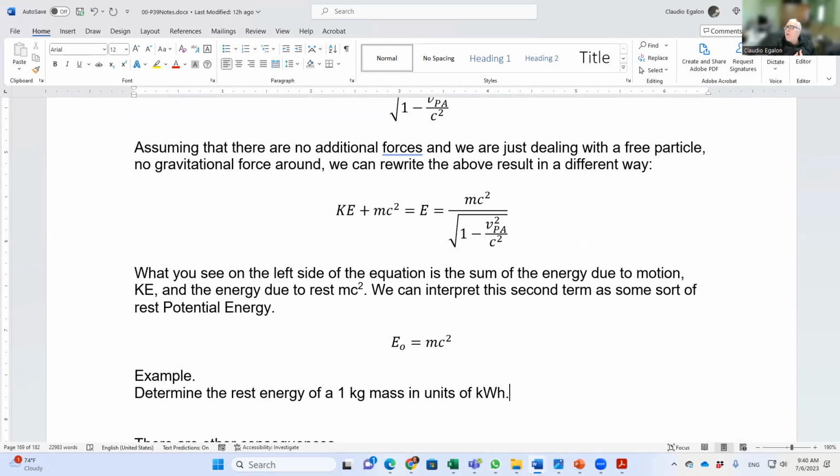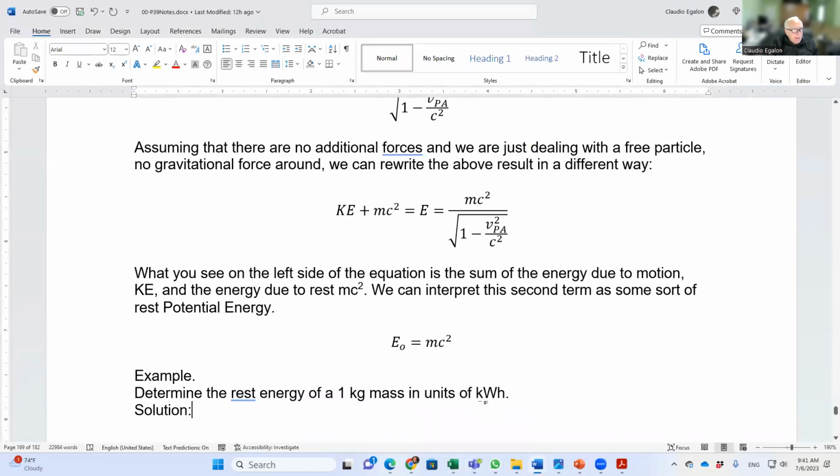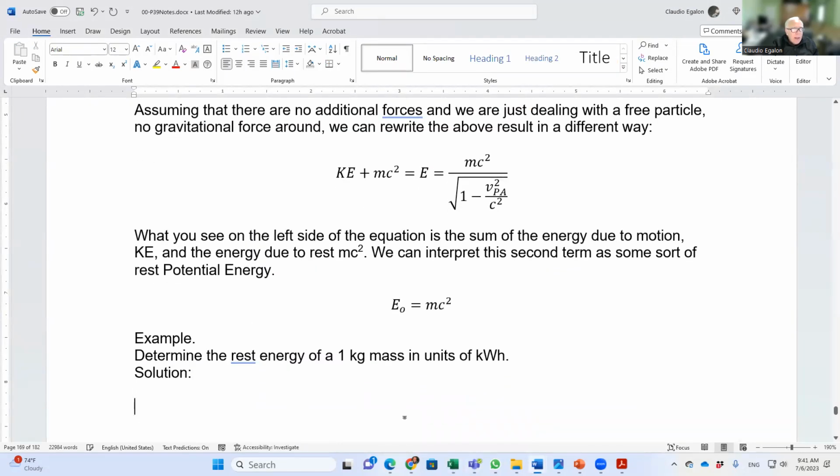That's how the electric company measures our consumption at home. I already calculated the number in joules, but we need a better idea of what this is in kilowatt hour, 10 to the 16, applying Einstein's relation.